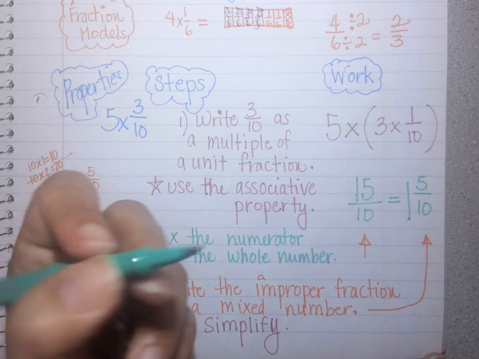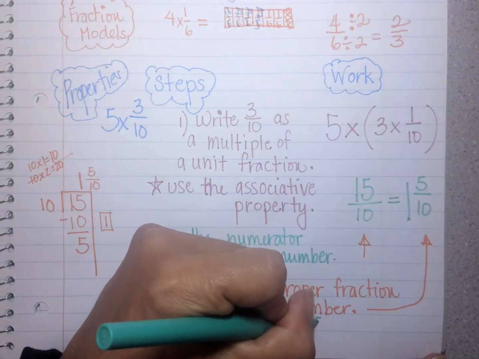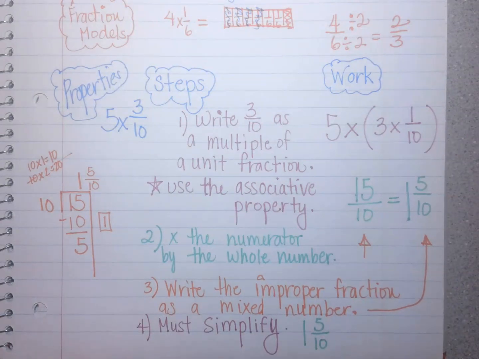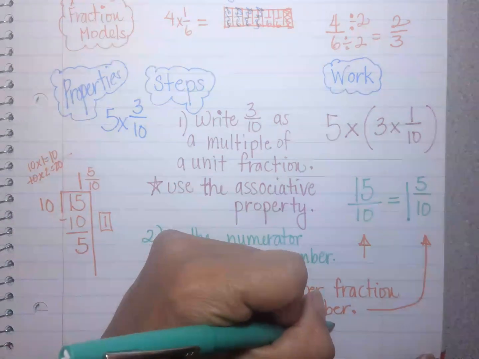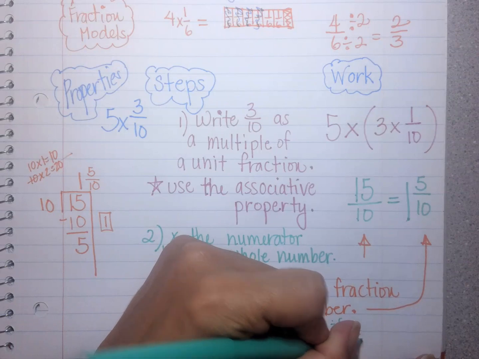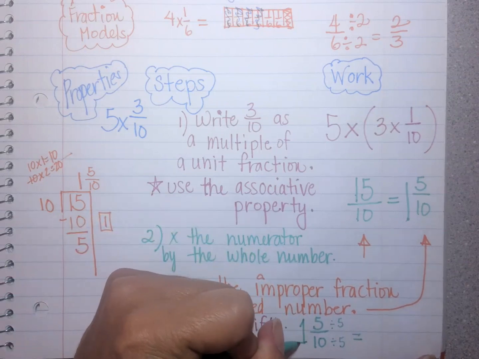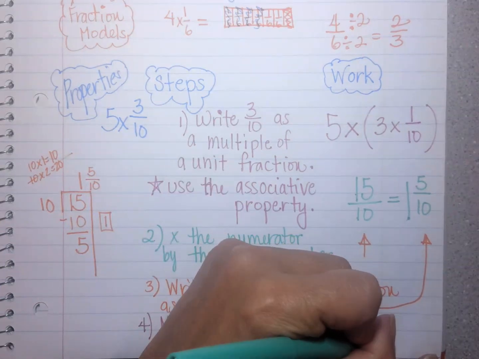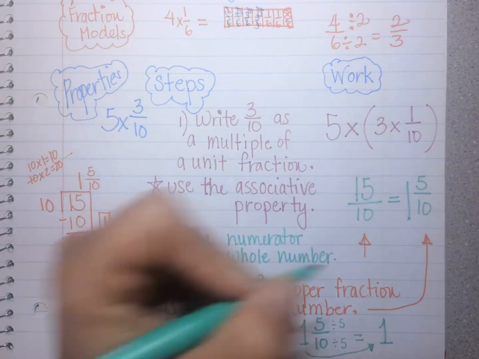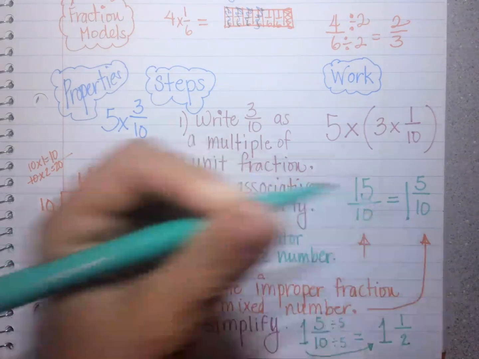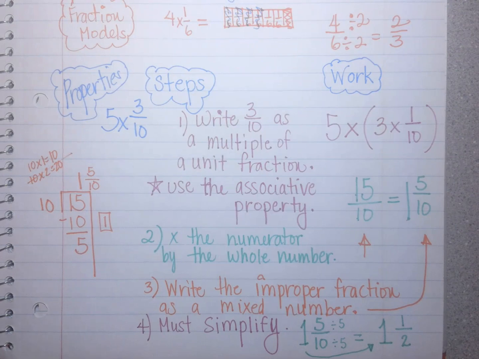So if we left off at 1 and 5/10, and they're not both even, but I do know that 10 is a multiple of 5, then I'm going to divide by my greatest common factor. Can't forget the whole number. Must bring it over to my final answer. 5 divided by 5 equals 1. 10 divided by 5 equals 2. We got 1 and 1/2.